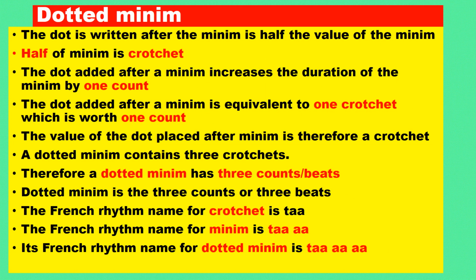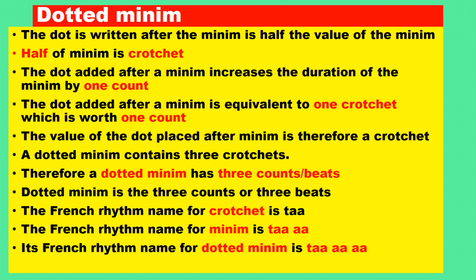Dotted minim. The dot written after the minim is half the value of the minim. Half of a minim is a crotchet. The dot added after the minim increases the duration of the minim by 1 count. The dot added after the minim is equivalent to 1 crotchet, which is worth 1 count.